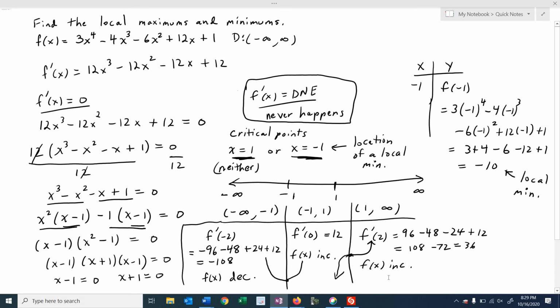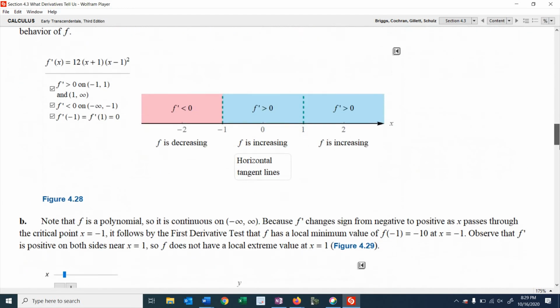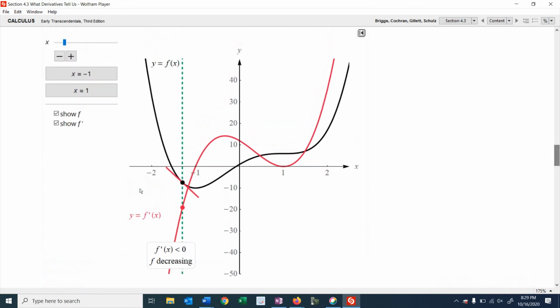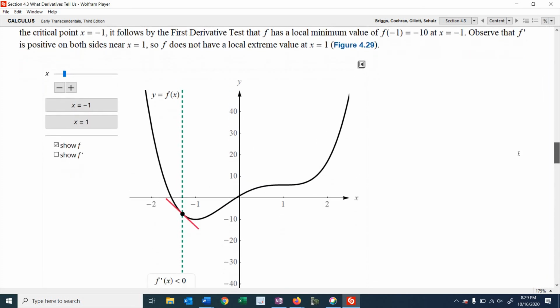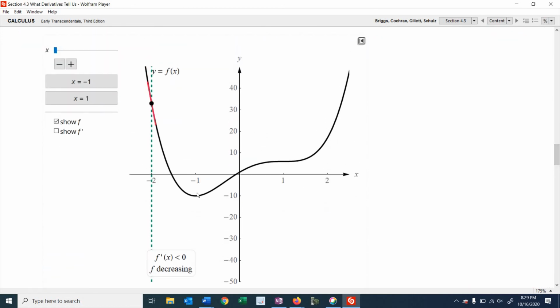Now, let me go ahead and show you the graph of this, just so you can see visually what's happening. The graph of the function looks like this. You can see that when x is -1, you do have a local minimum of -10.